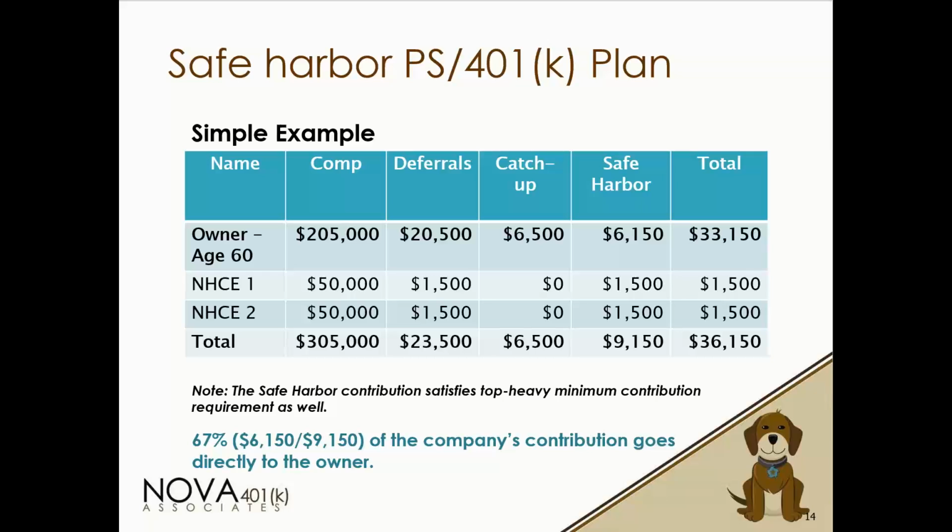So it's not an awful design for the owner. It's costing him 3%. He's getting 3%. So the company as a whole is going to put in $91.50, and he's going to get $61.50 of that. So decent. He's getting 67% of the company's contribution.